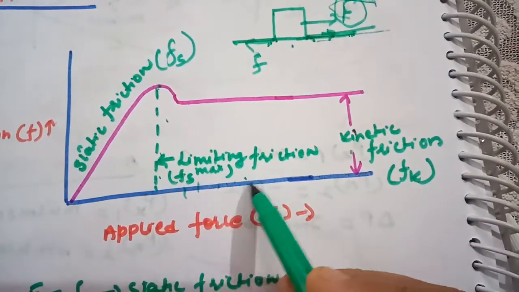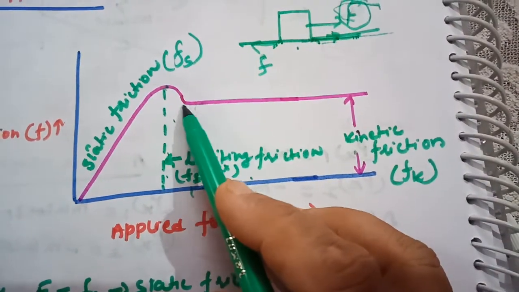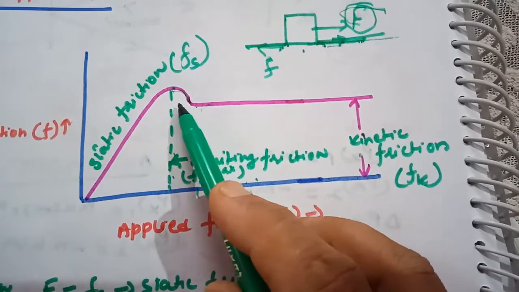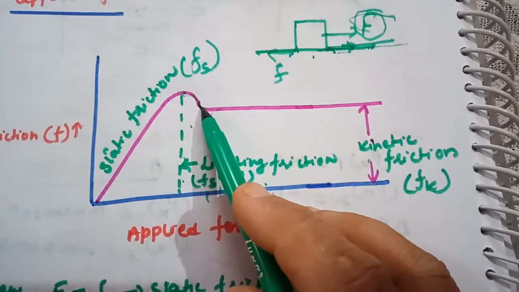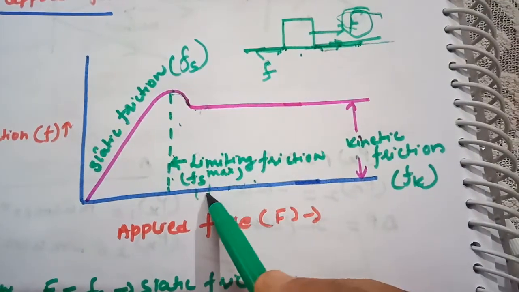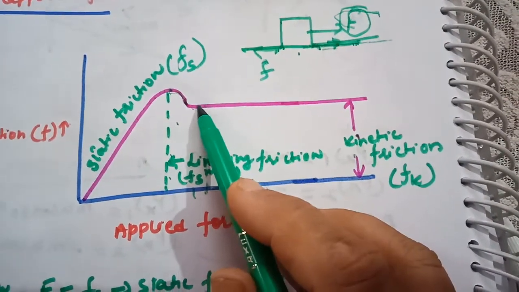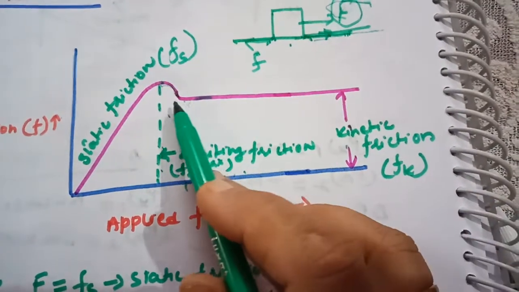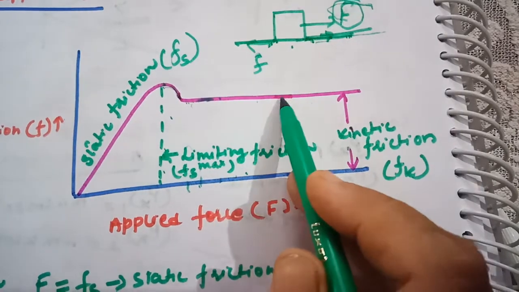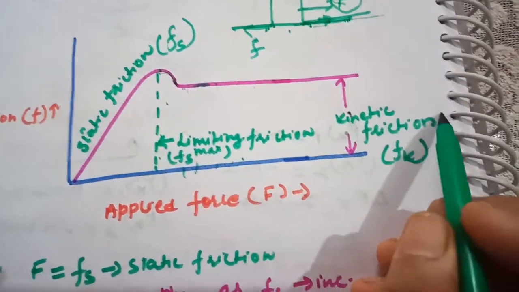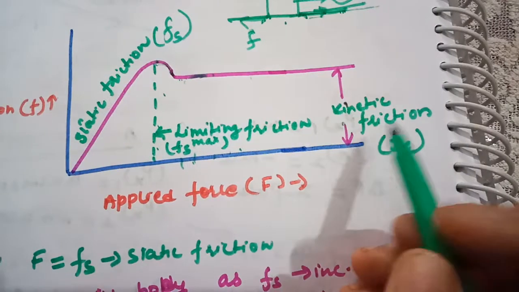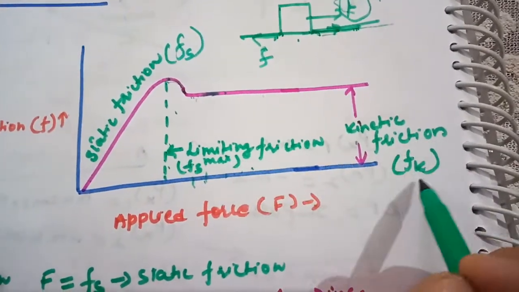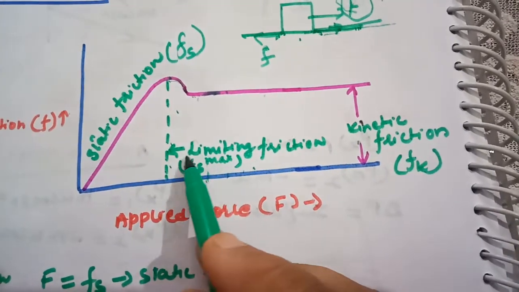So see, when the applied force increases, the value of the force of friction now starts decreasing. From here the decrease starts. Why? Because the applied force is increasing and the force of friction starts decreasing. But at a certain applied force the body will move with a certain velocity in a particular direction, and that friction which comes into play when the body is continuously moving on the other surface is known as kinetic friction, denoted by Fk. Okay, so the value of kinetic friction is always less than the value of the limiting friction or static friction.